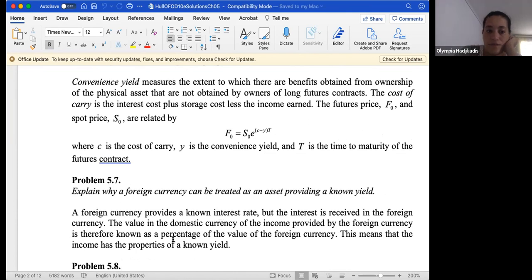Explain why a foreign currency can be treated as an asset providing a known yield. So a foreign currency provides a known interest rate, but the interest is received in the foreign currency. So the value in the domestic currency of the income provided by the foreign currency is therefore known as a percentage of the value of the foreign currency. This means that the income has the properties of a known yield.